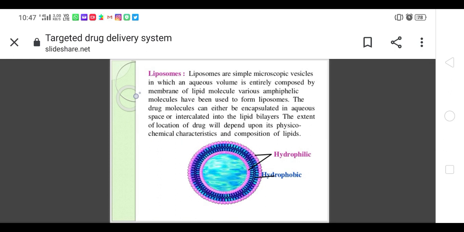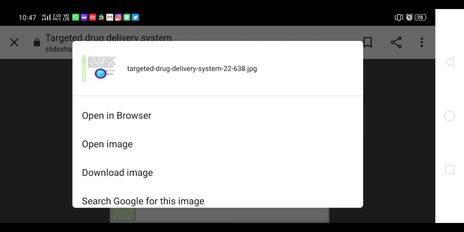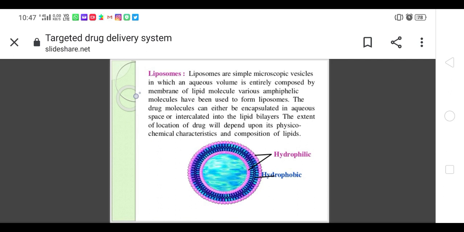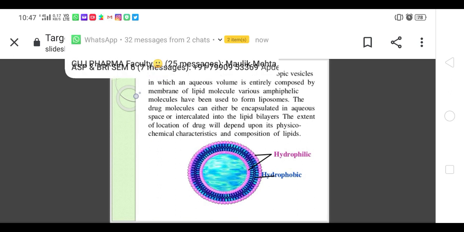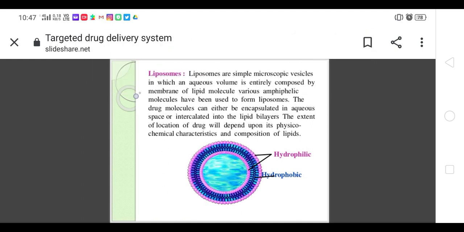So the extent of location, that is, how much amount or where the drug will be localized, depends upon the physicochemical characteristics of the drug and lipids, right? If the drug is hydrophilic, then it is localized in the center. If the drug is lipophilic, then it is localized in the lipidic bilayer.